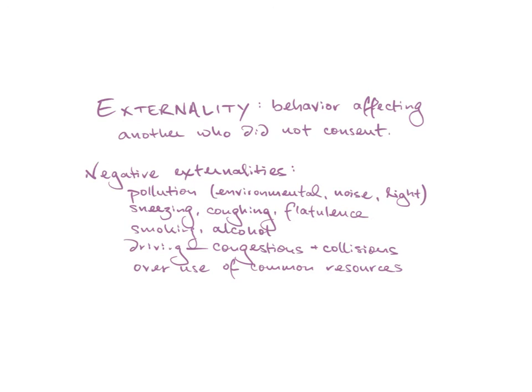Okay, and then the final thing I've put here, overuse of common resources. For example, fishing or hunting. One person catching a fish out in the ocean reduces how many fish are available to other people. And it's different when it's a common resource than when it is a privately owned resource that's being sold to someone.